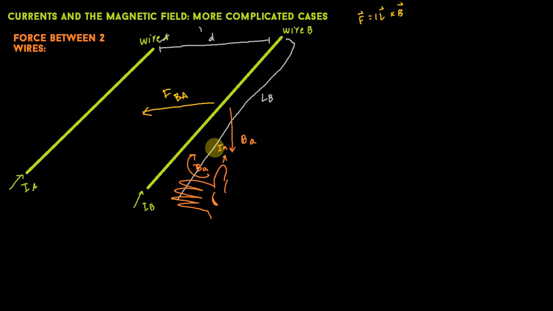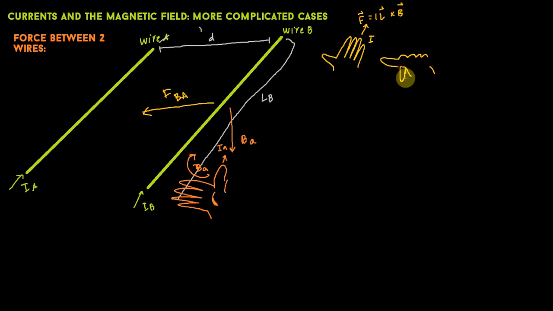So L cross B, the force is going to the left. And what am I doing? I'm using my hand to show I, like that, if this is the back of my hand. My fingers are pointing in the direction of I, or in this case actually the length vector, and then B is pointing down, so then I flip my fingers down.